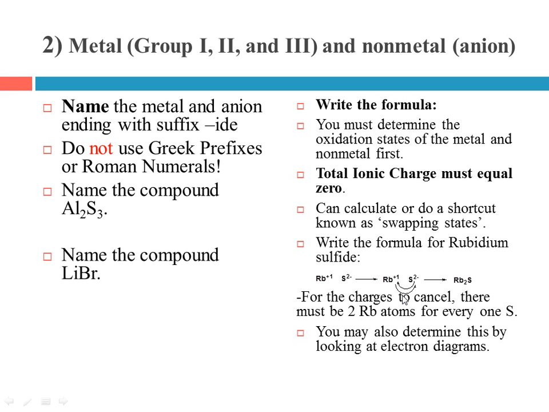So we can pull apart, so we have our metal, and we write the oxidation state. It's a +1 because it's in group 1. Sulfur? We didn't talk about our nonmetals. If we go over here, our noble gases, they are unreactive, so they don't have an oxidation state per se.